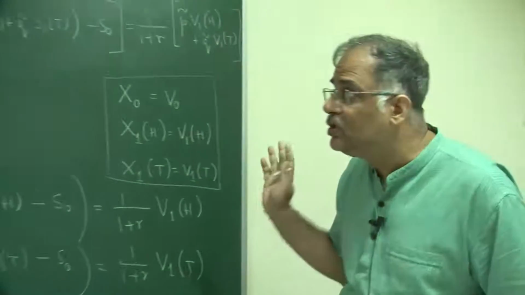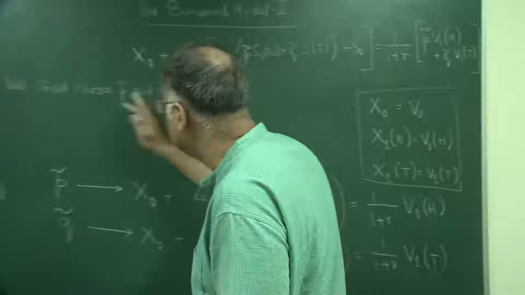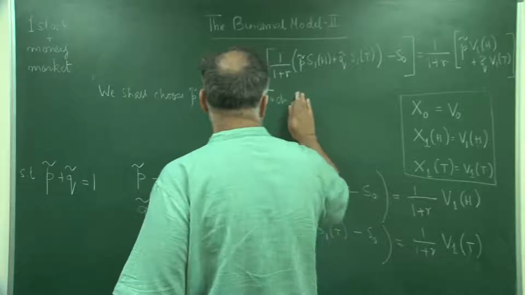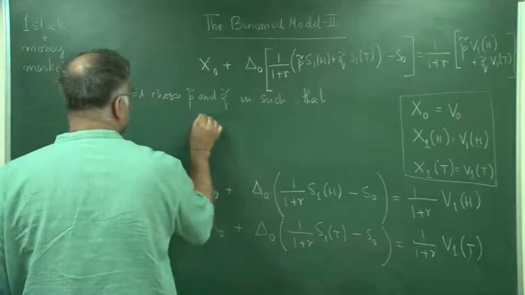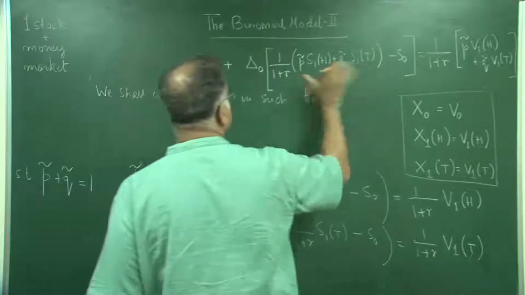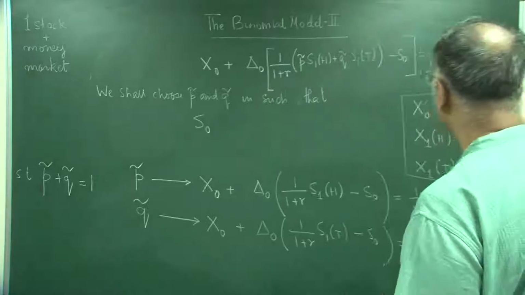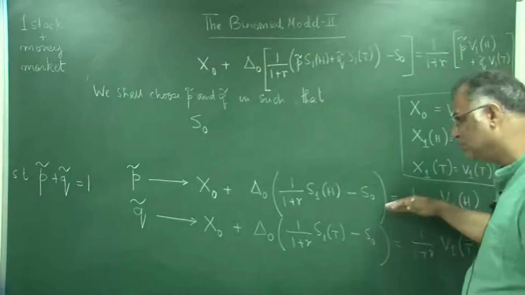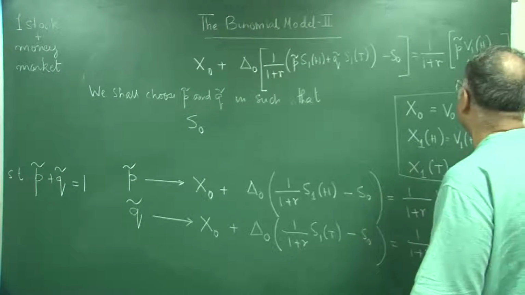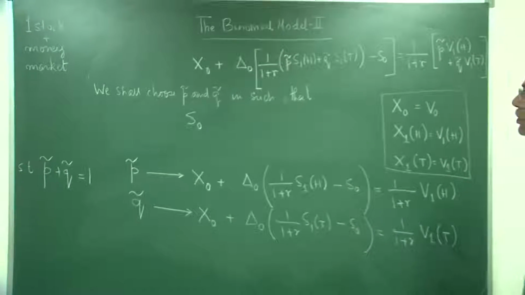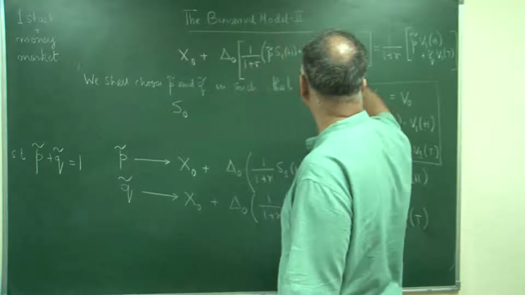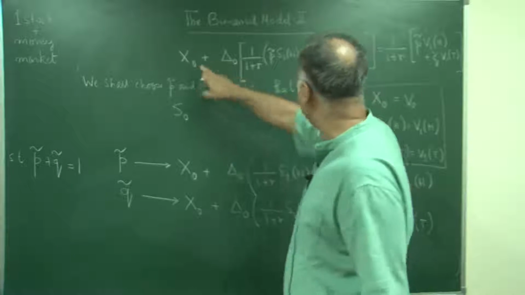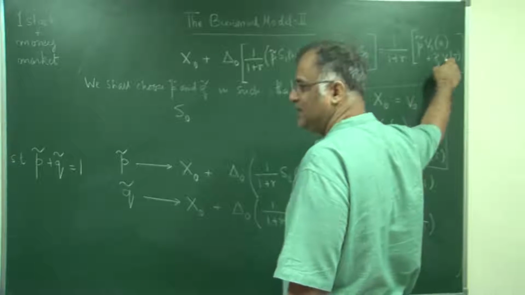They are in general different from p tilde and q tilde, such that this quantity vanishes. I am using them to solve these two equations and find my v naught. Because x naught is equal to v naught, if I put this to be 0, then my v naught is nothing but this thing.